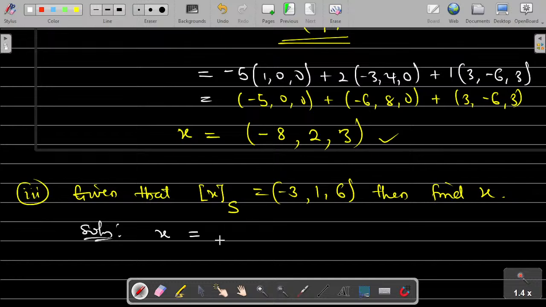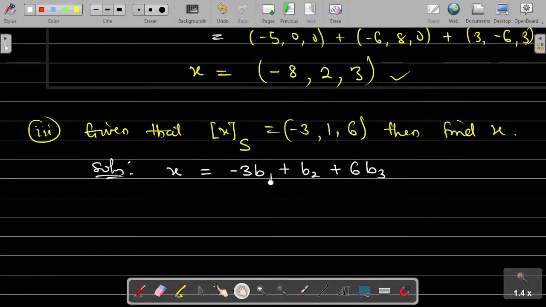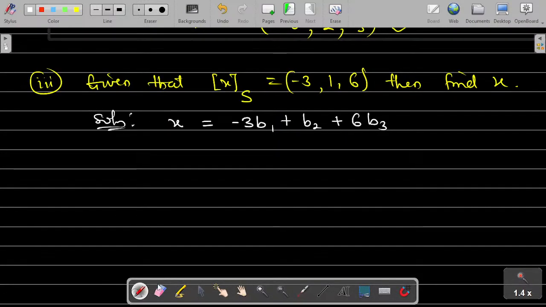So that means you pick out minus 3 and multiply by the b1 of this set S. Then the next one will multiply the b2, and then the next one will multiply the b3, which is 6b3. All right, so we are saying what x will this linear combination generate?